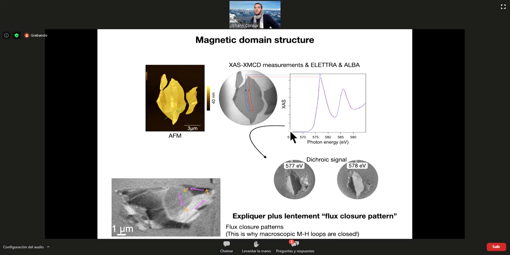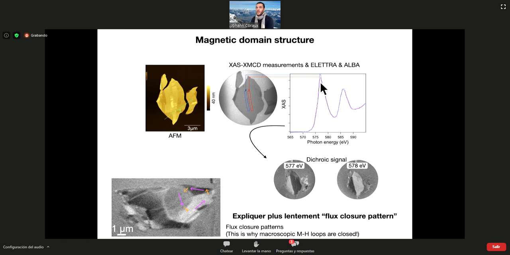You see they are obtained on different regions of the sample. They are slightly different. We also see exactly the same kind of differences when you change the polarization of the X-ray beam. So what we have here is a dichroic signal.